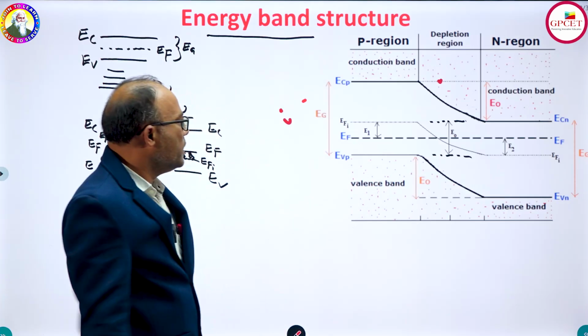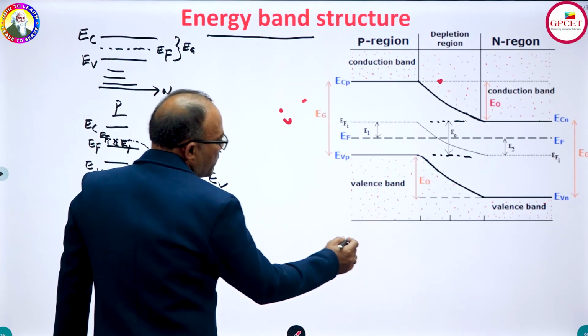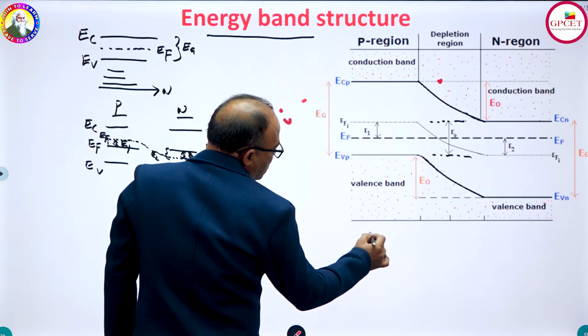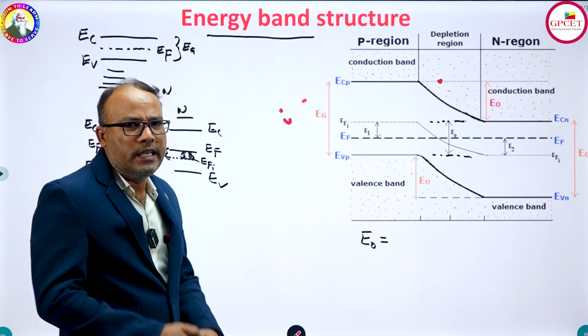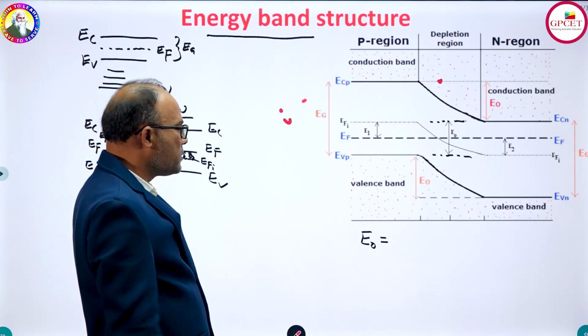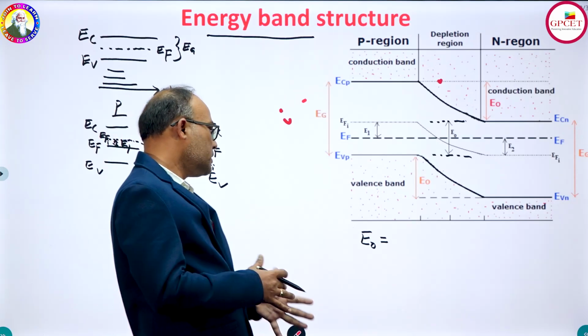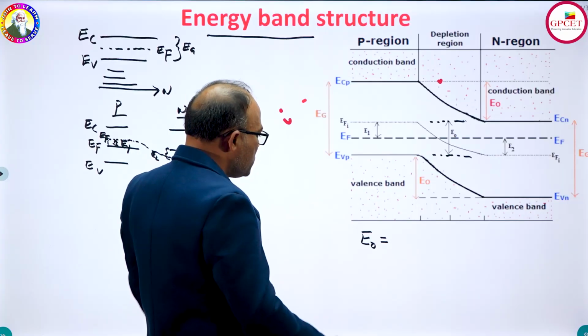So E naught, I can write as E1 plus E2. E naught is the potential energy barrier for electrons, and it can also be represented for holes. So I can say it is the potential energy barrier for charge carriers.